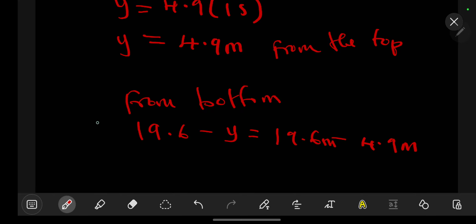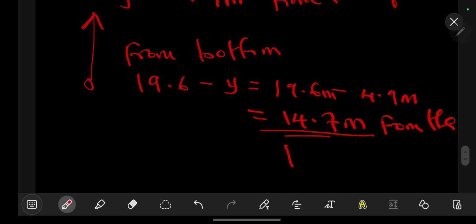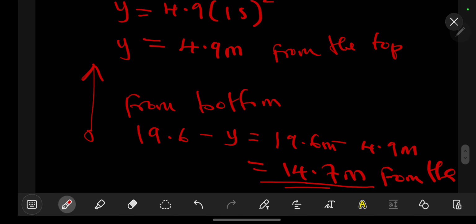So considering from the bottom to where they will collide, the displacement moved will be 19.6 minus that value, which gives us 14.7 meters. So that is how we do that. Either you can say 14.7 meters from the bottom, or you can just say 4.9 meters from the top.